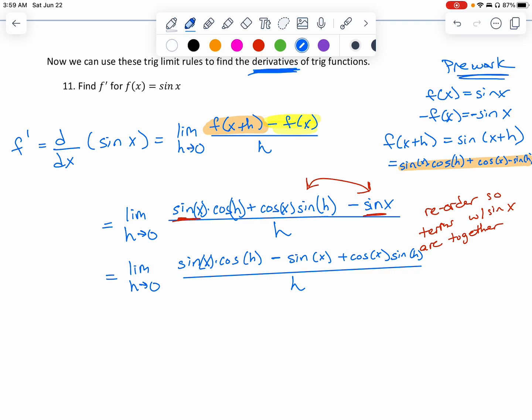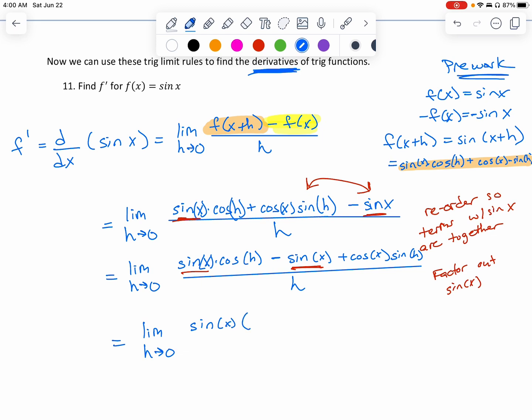The reason I wanted to do that is because now I'm going to take the sine of x out of these first two terms. So I'm going to factor out sine of x from those first two terms. Can't do it from all three because there is no sine of x in the third term. So taking that sine of x out looks like this.